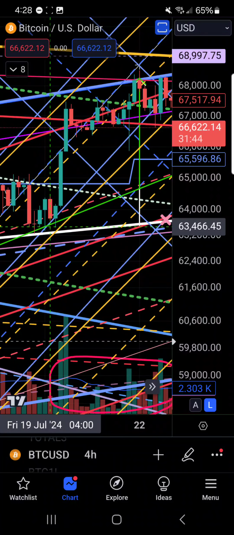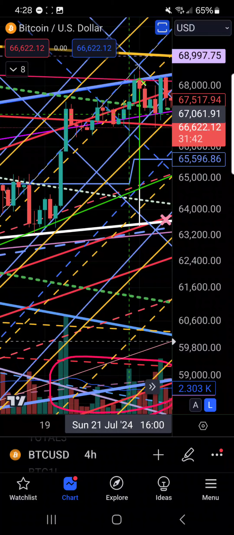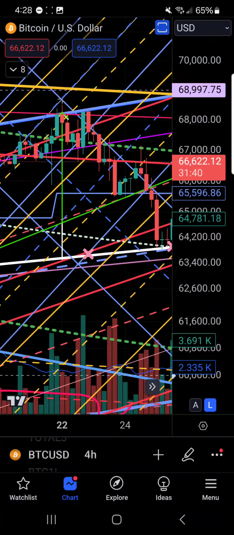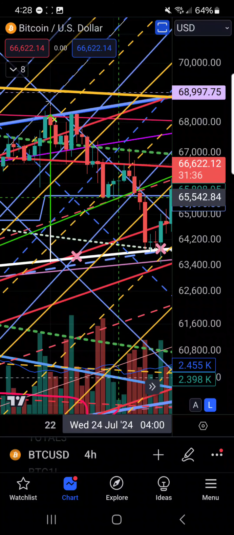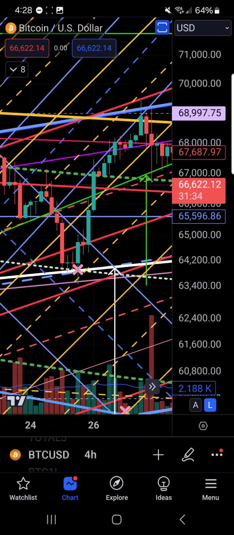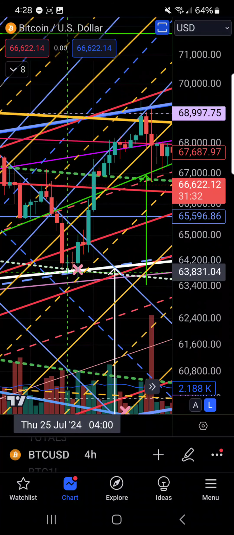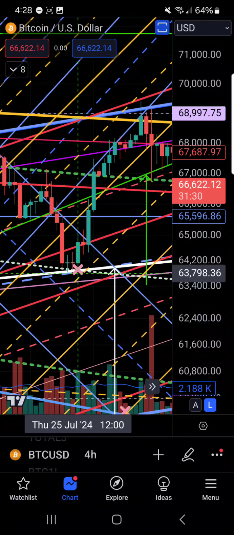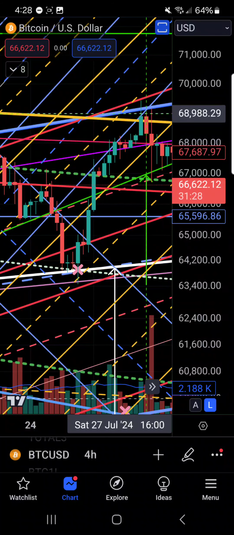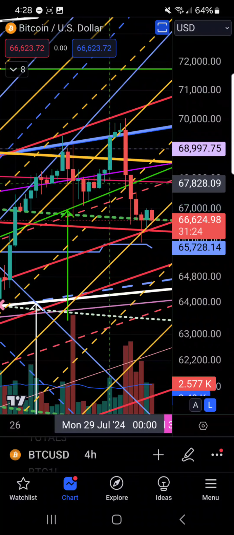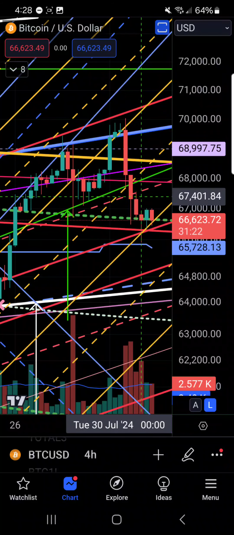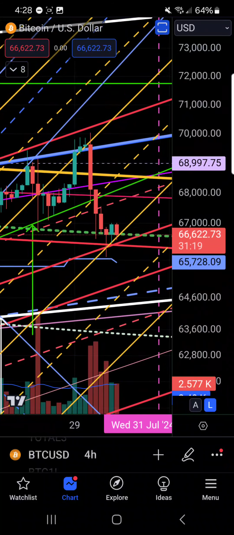Came down to the center line here, back up to the top here, back down to the center line, back down to these lower areas, back up to the top, back to the center line, back to the top, came through the center line here.